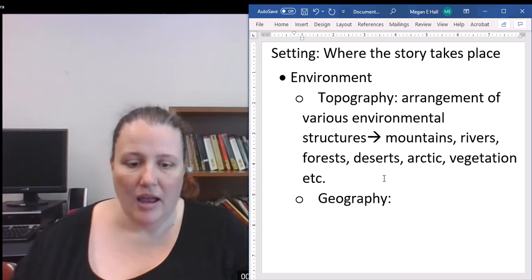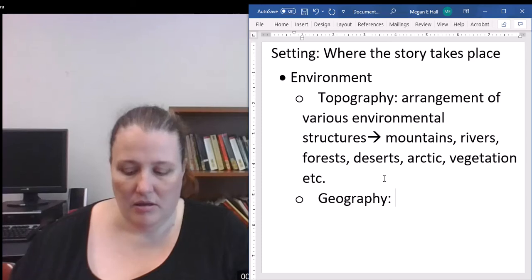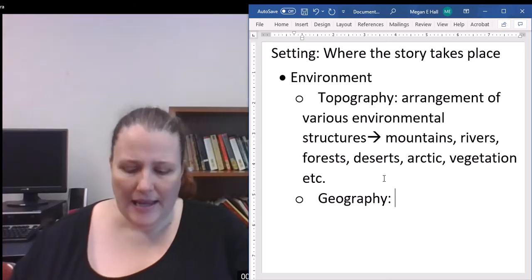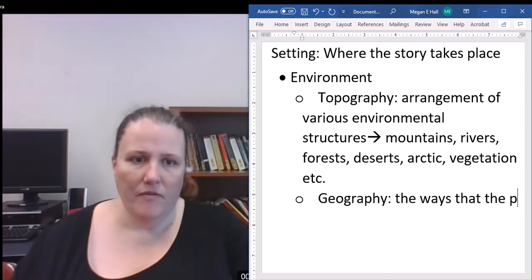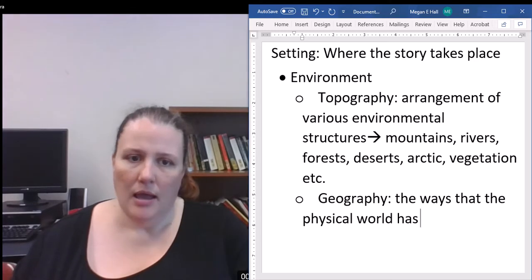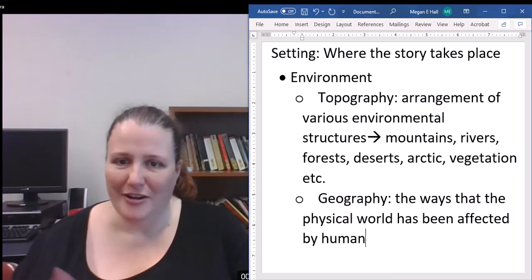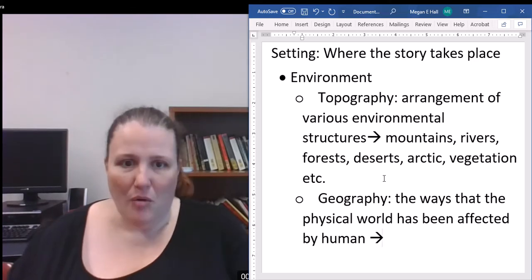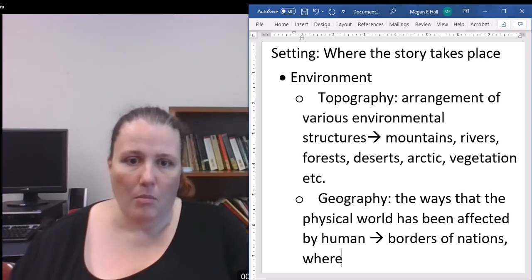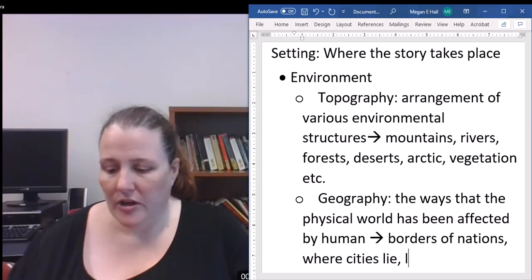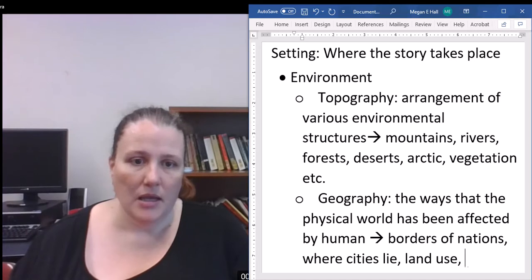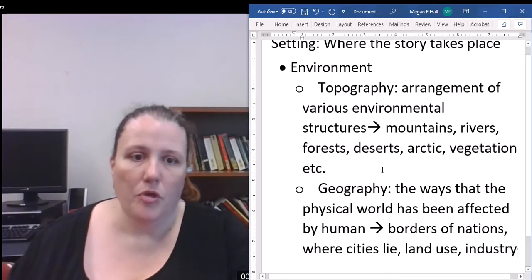But what I'd like you to consider as a writer are the ways that the physical world has been affected by humans, or if your story is non-human, by whatever creatures are living there. So things like the borders of nations, where cities lie, the land use, industry, those types of things.